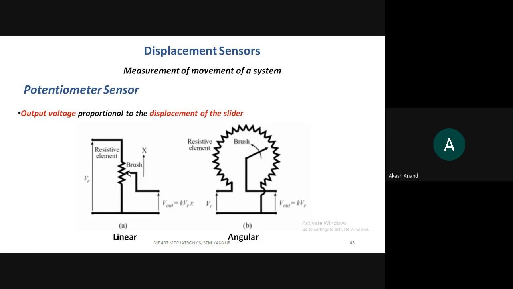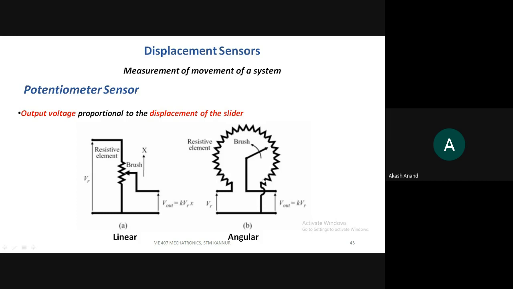Actually, the basic working is based on this: the potential difference across any length of wire of uniform cross section and uniform composition is proportional to the length when the current is kept constant. I already told that, it is the variable resistance transduction definition.